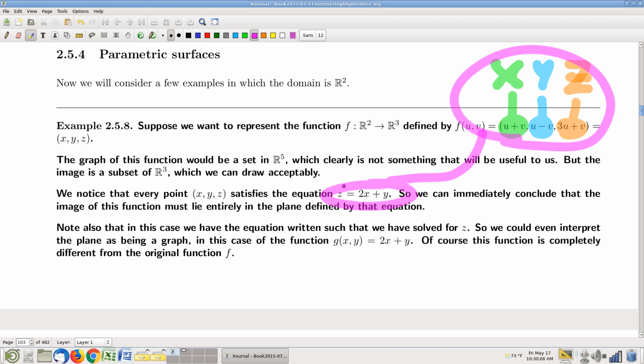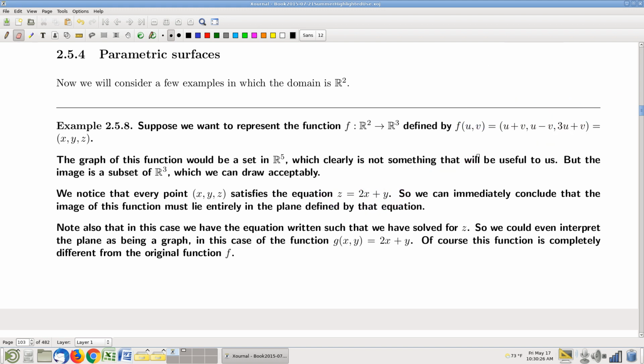So what we conclude from this is that this parameterization sits inside of this plane, and in fact, let's not worry about this little detail, it further turns out that this parameterizes the entire plane. Okay.